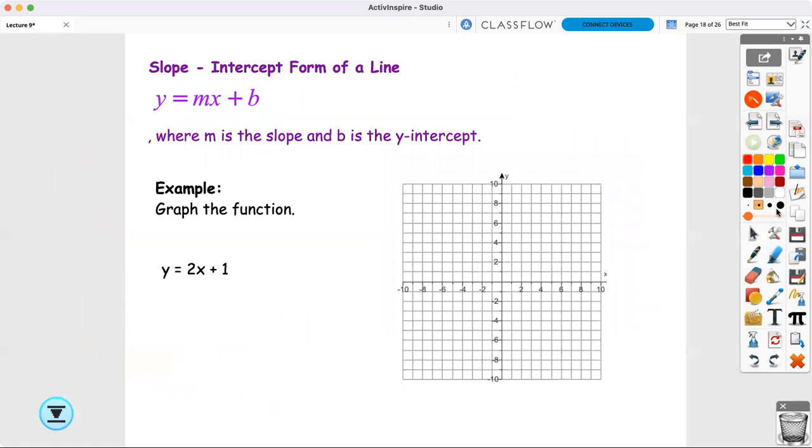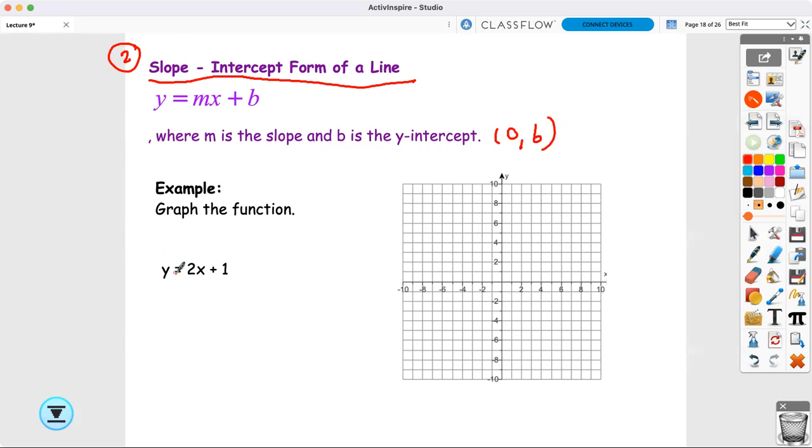All right, one other example, then we'll take a break to finish off this lesson, because we have one more lesson to go, but we're going to do this slide first. Slope intercept form. Now we have the second formula that I'm giving you. I gave you the first one, standard form. Now we're learning slope intercept form, where m is the slope and b is the y-intercept, which is (0, b).